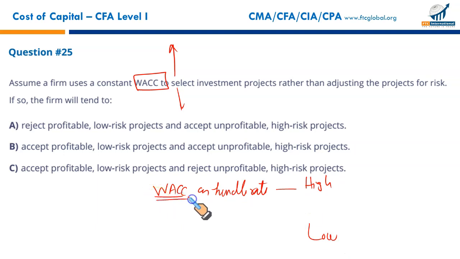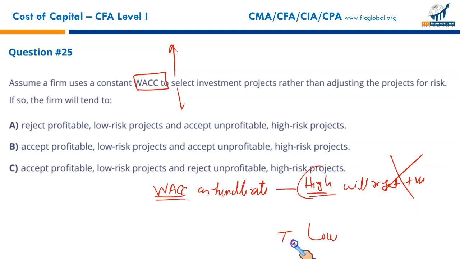If it is too high, it will reject many profitable projects. If you have kept WACC too high, some profitable projects which are good might be rejected, since you have a higher hurdle rate.